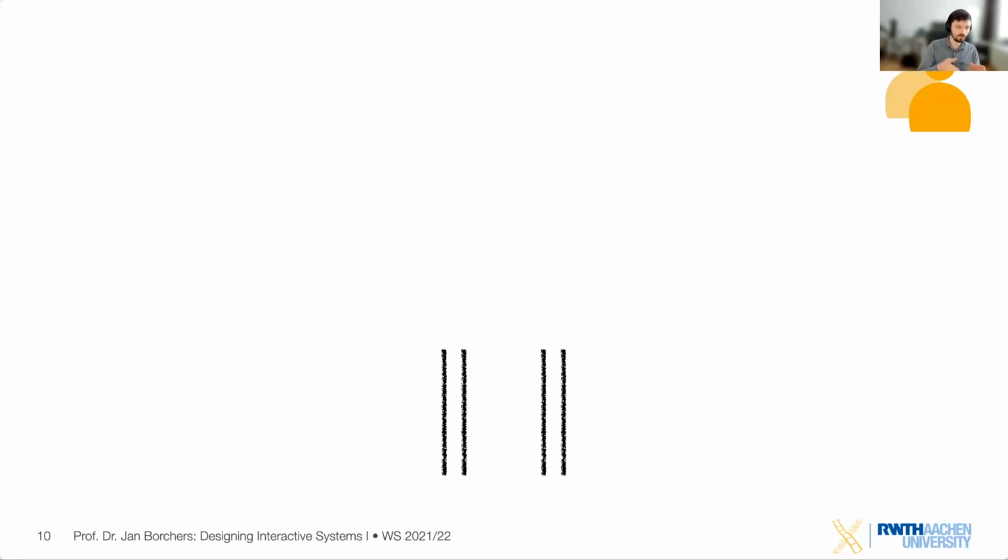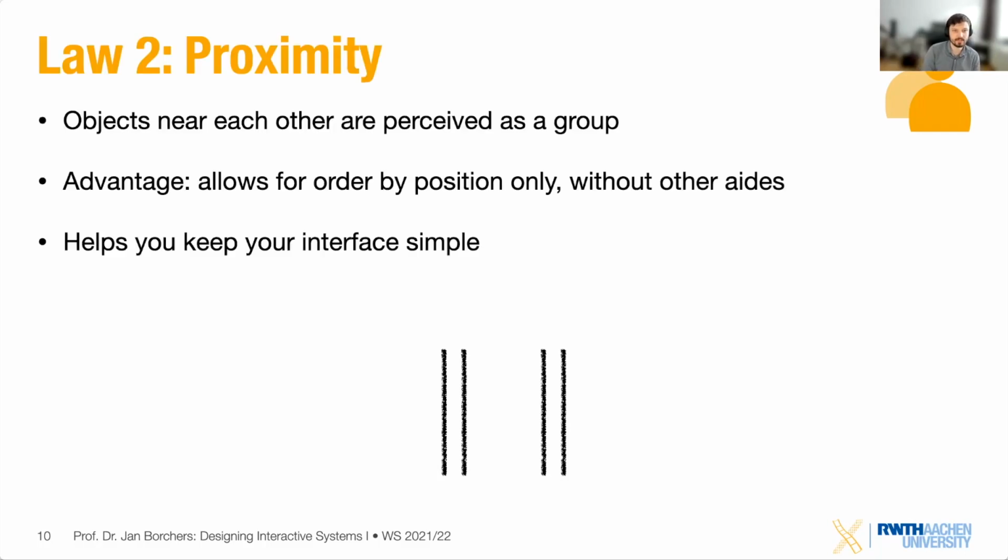You said the 2 lines which are close to each other are one group, and the lines on the other side, which are also close to each other, are the second group, and in between those 2 groups there is a distance which breaks a connection you could have there. So this is the Gestalt law of proximity, which simply says objects which are near each other are perceived as a group. And this is a very, very powerful tool you can use.